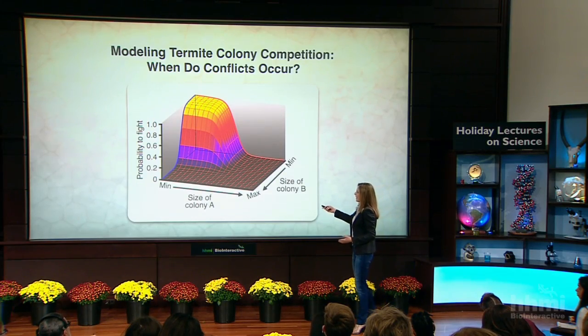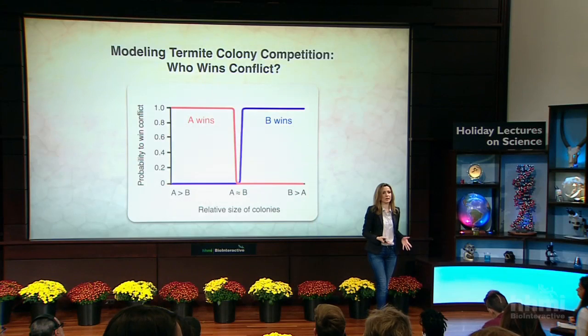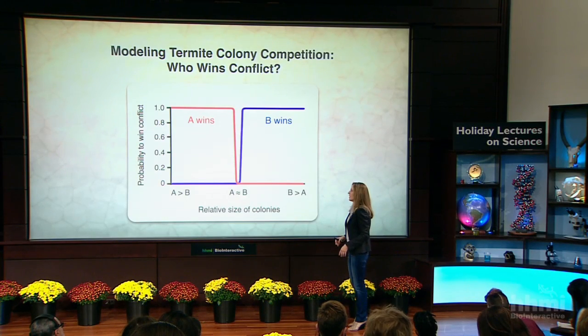Now, there's fighting that's going to happen, but who wins this kind of fighting? If two colonies start to fight, who wins? Well, the probability to win a conflict is on the y-axis, and here we see the relative size of the colonies. The colony that's bigger always wins, basically. If A is much bigger than B, then it wins. If B is much bigger than A, then it also wins.